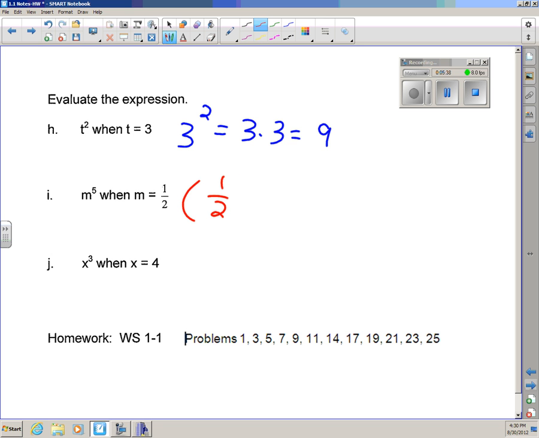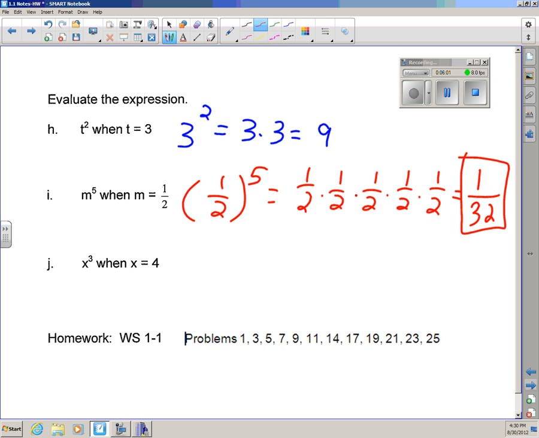So I've got 1/2 to the 5th power, and I know that when I do 1/2 to the 5th power, I'm multiplying the fraction 5 times. And when you multiply fractions, you always multiply all the numerators together, 1 times 1 times 1 times 1 times 1, and then the denominators together, 2 times 2 times 2 times 2 times 2. And you end up with 1/32, 1 over 32.